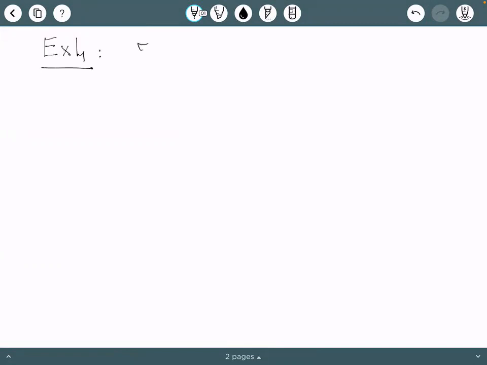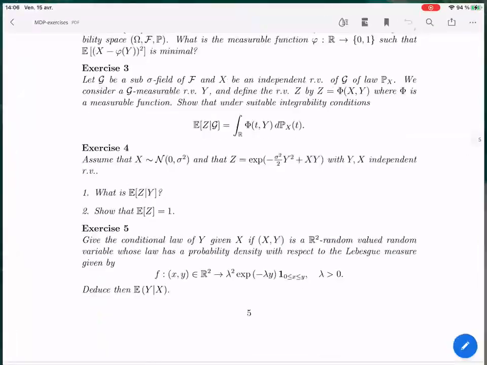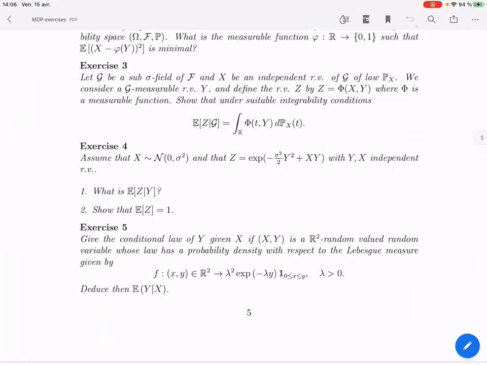So Z is exponential of minus sigma squared over 2 Y squared plus XY.